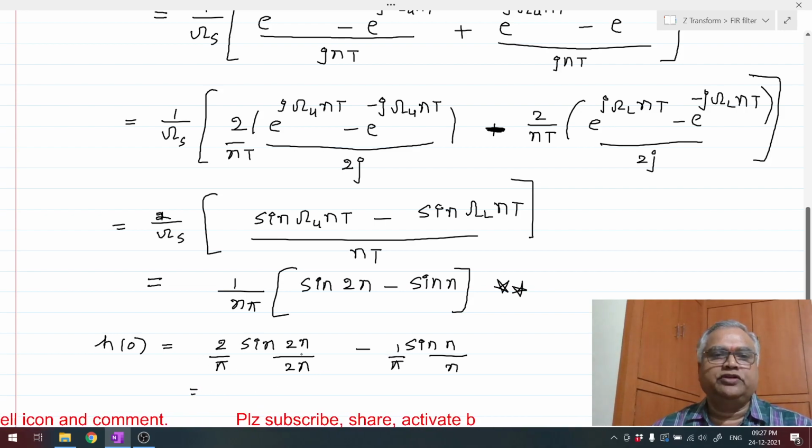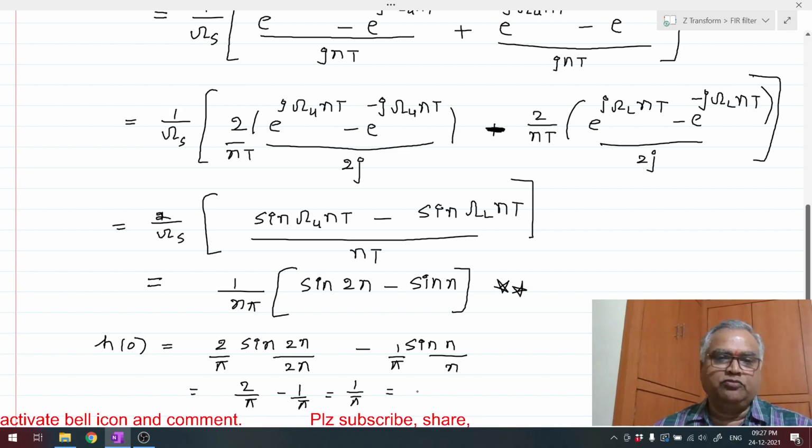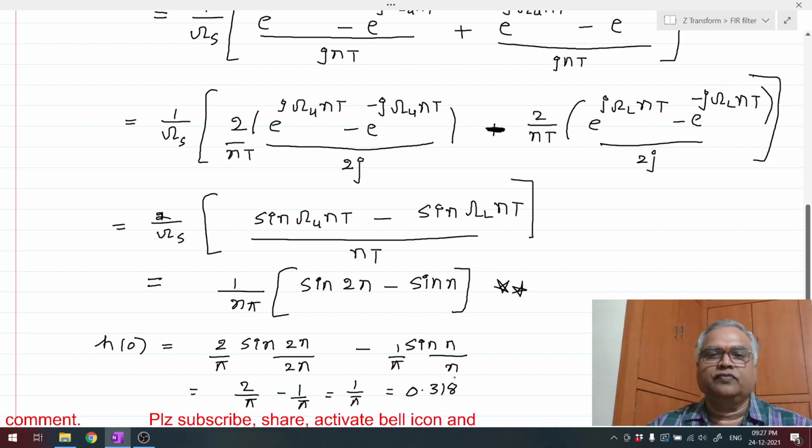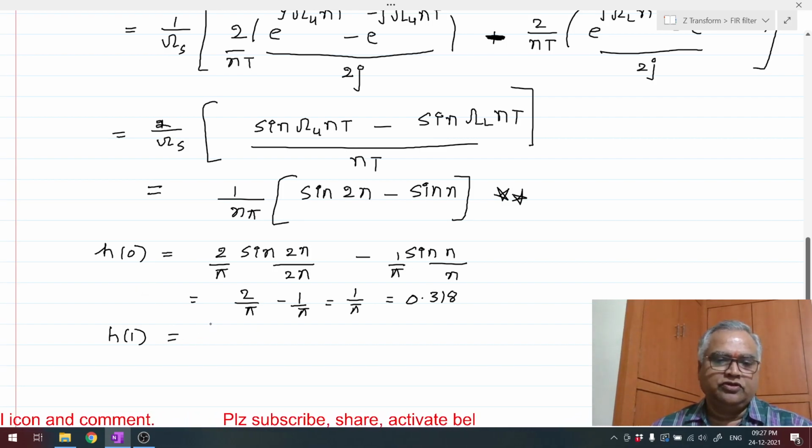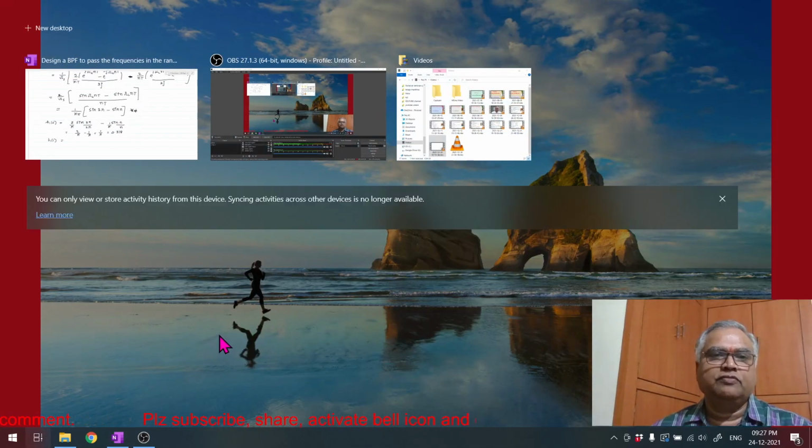What is this value at 0? 2 by pi minus 1 by pi equals 1 by pi. So 1 by pi is 0.31. Then h of 1. H of 0 is tough. H of 1, 2, directly you can substitute. So I am giving answers directly.